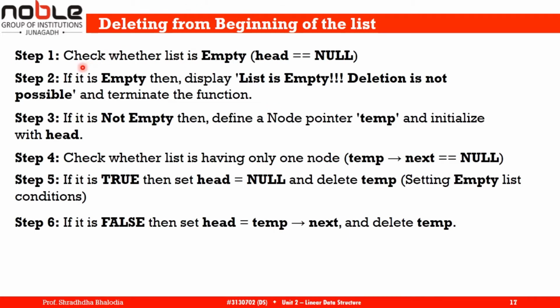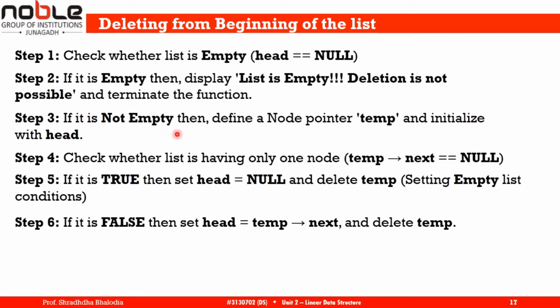The first condition we need to check is the empty condition, because if there is no node in the list, then we don't need to delete any element. So first check whether the list is empty. Head equal to null means the list is empty. If it is empty, then display that the list is empty and deletion is not possible.